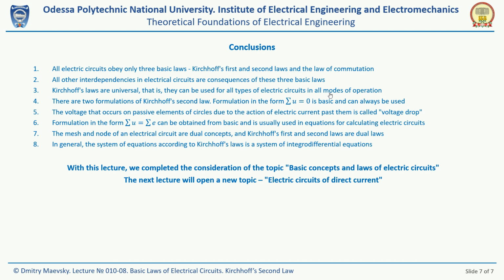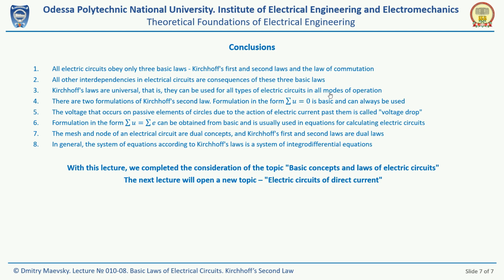Their interdependence is a consequence of these three basic laws. Kirchhoff's laws, first and second, are universal laws. That means that they can be used for all types of electric circuits in all modes of their operation.